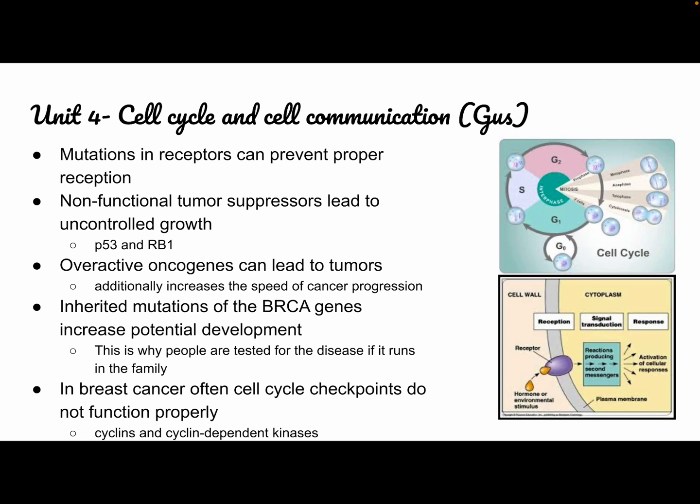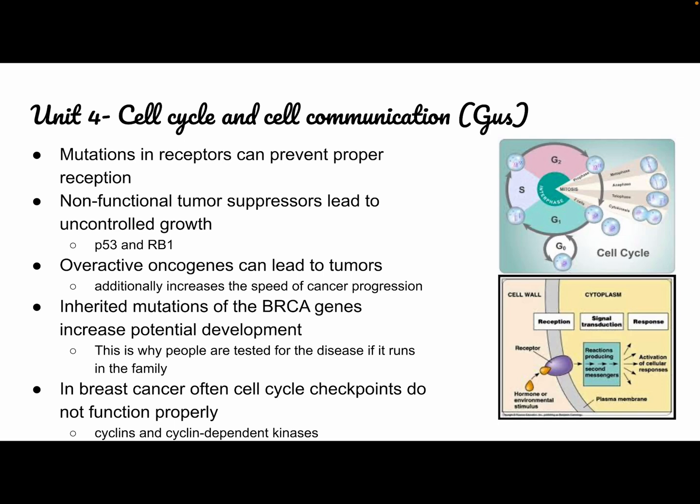Mutations in receptors can prevent proper reception of substrate. Non-functional tumor suppressors lead to uncontrolled growth, for example tumor suppressors P53 and RB1. Overactive oncogenes can lead to tumors, and because oncogenes are like stepping on the gas, they increase the speed of cancer progression.